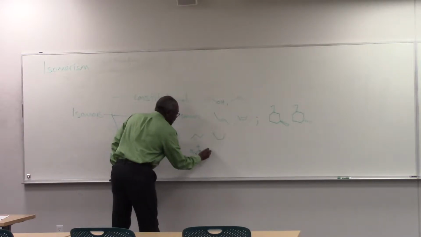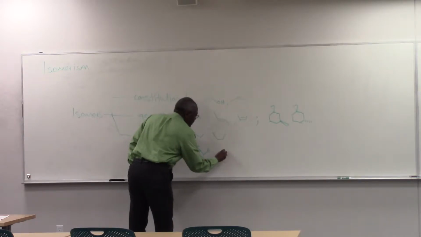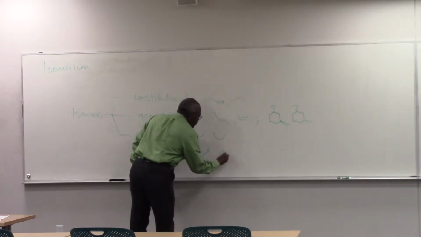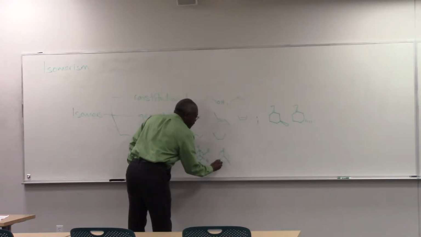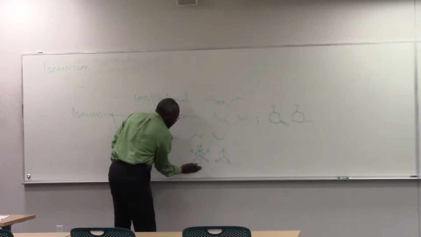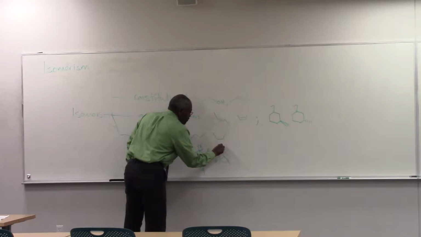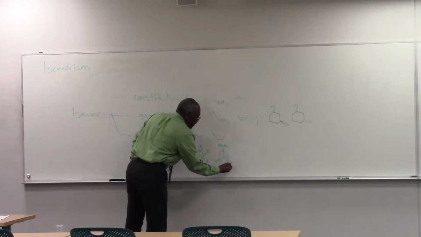Right? This is the anti, and this is the fully eclipsed conformer. Oh, shoot, this is butane, so this will be CH3, CH3, same thing here, so CH3 or methyl, and then these are the H's.